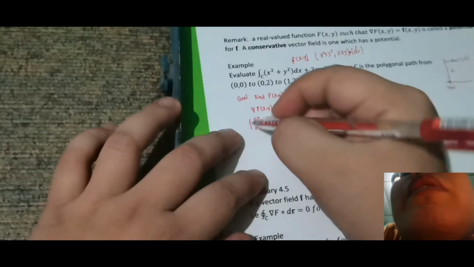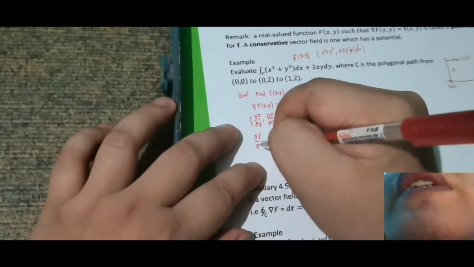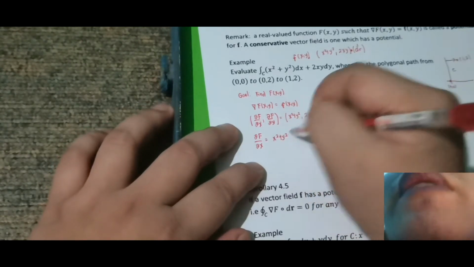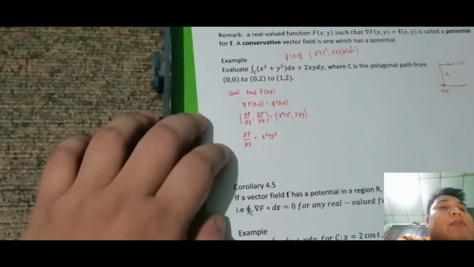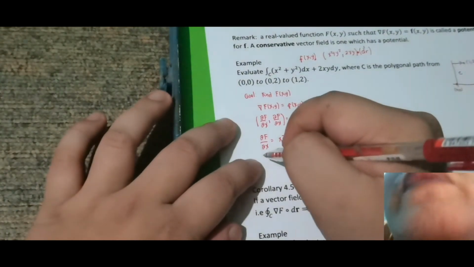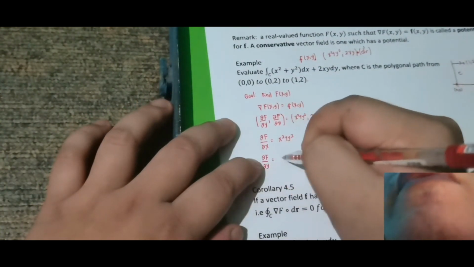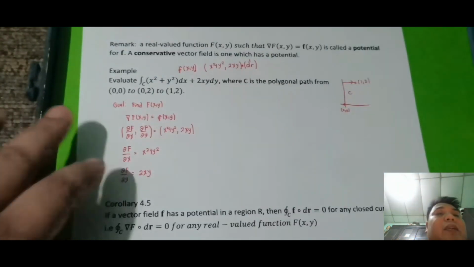So, kung napansin mo, may dalawang klase dyan. Partial derivative of f with respect sa x is equal to x squared plus y squared. Okay, so next is partial derivative of f with respect sa y is equal to 2xy. So, ayun, nahanap na tayo ng potential vector.